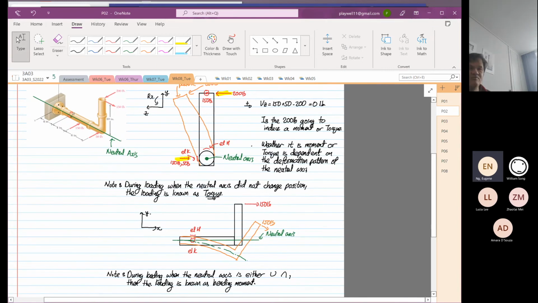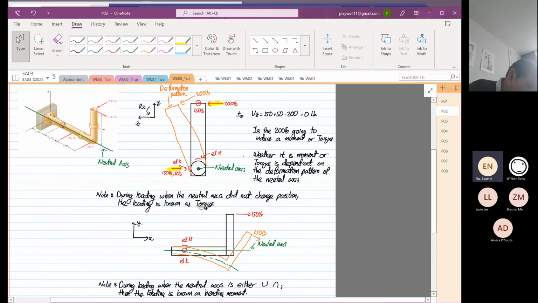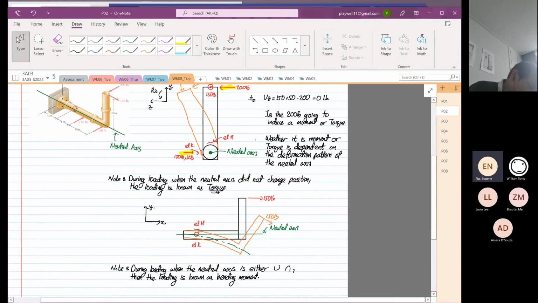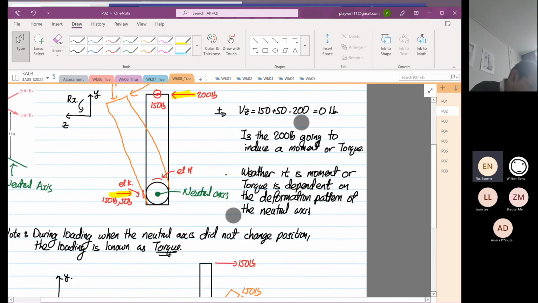Okay, so you have to focus on the position of the neutral axis. That's why when we started, I always emphasized the position of the neutral axis. Okay, that is the critical part. So from here, we're going to calculate the torque.